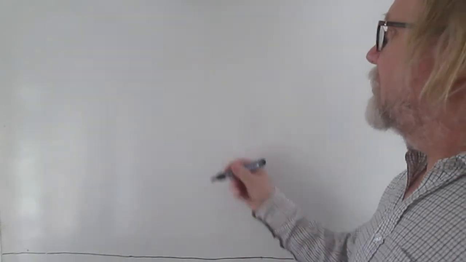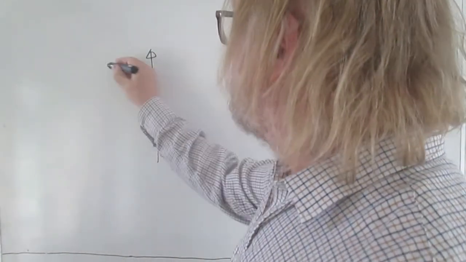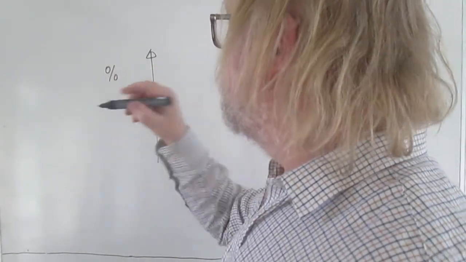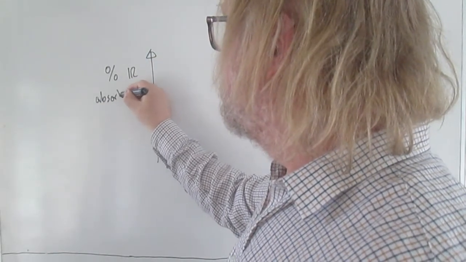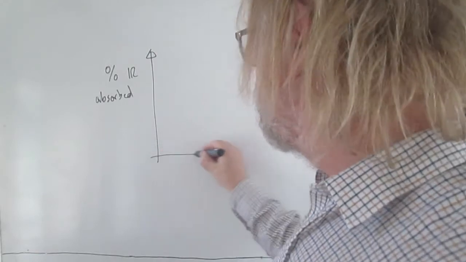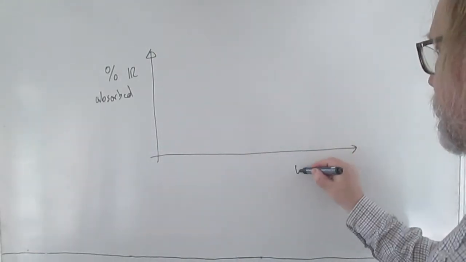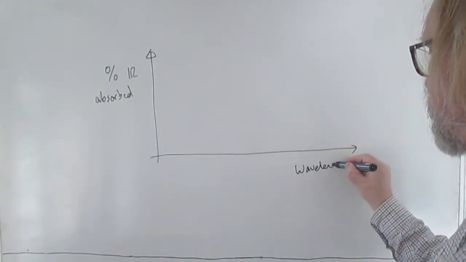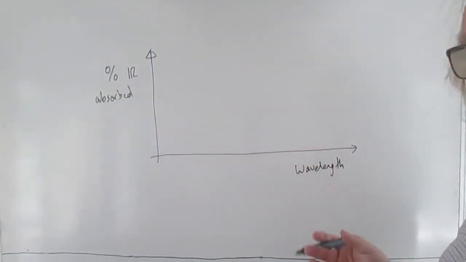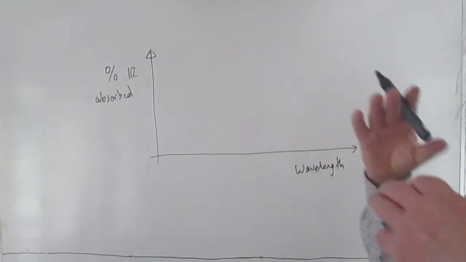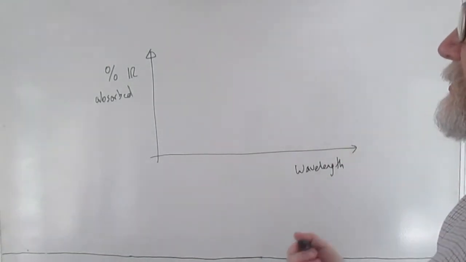So if you draw a graph of something like percentage of the infrared absorbed as a function of the wavelength of the infrared, what you find is that it's very dependent on the wavelength, because of these specific energy levels associated with each vibration.